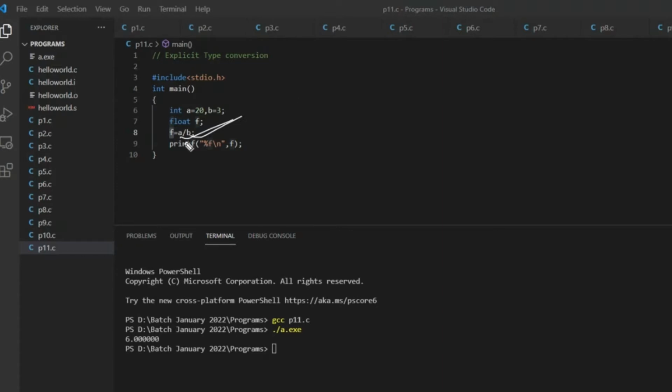Both are integers, so 20 divided by 3 is computed as an integer, and only then are we storing the data in a float. That's why the output is 6.000. If I want this data as a float, temporarily, we tell the compiler I want this output in the form of float. So I will write float explicitly here.